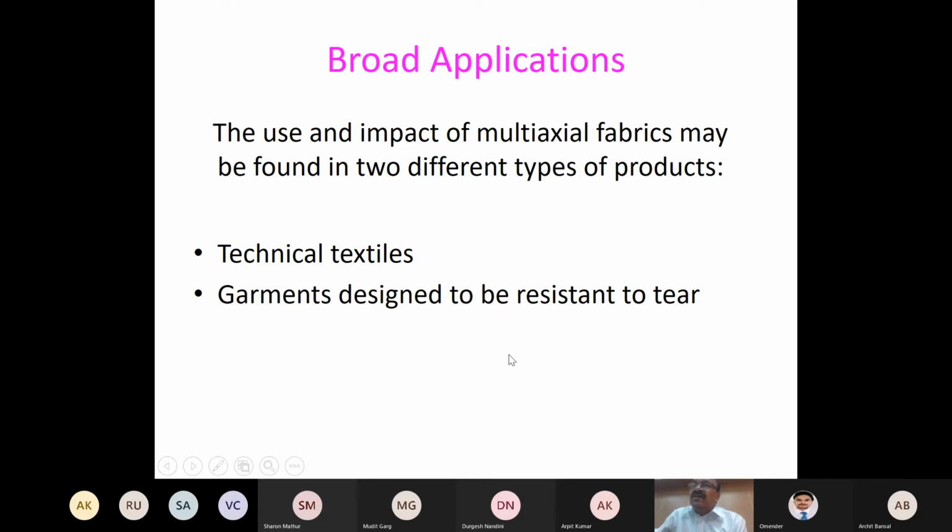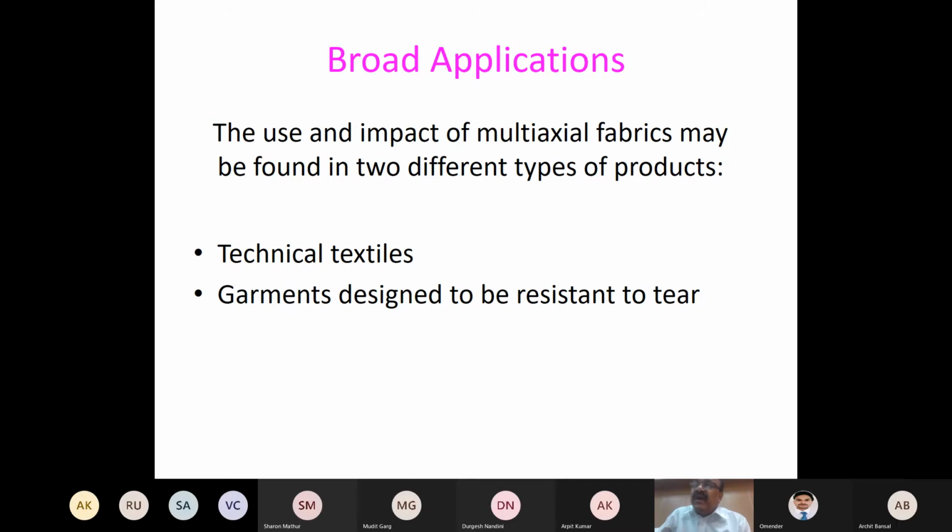Although this fabric is not that popular in the apparel sector, it is used in some applications where the fabric needs to have high tear strength.